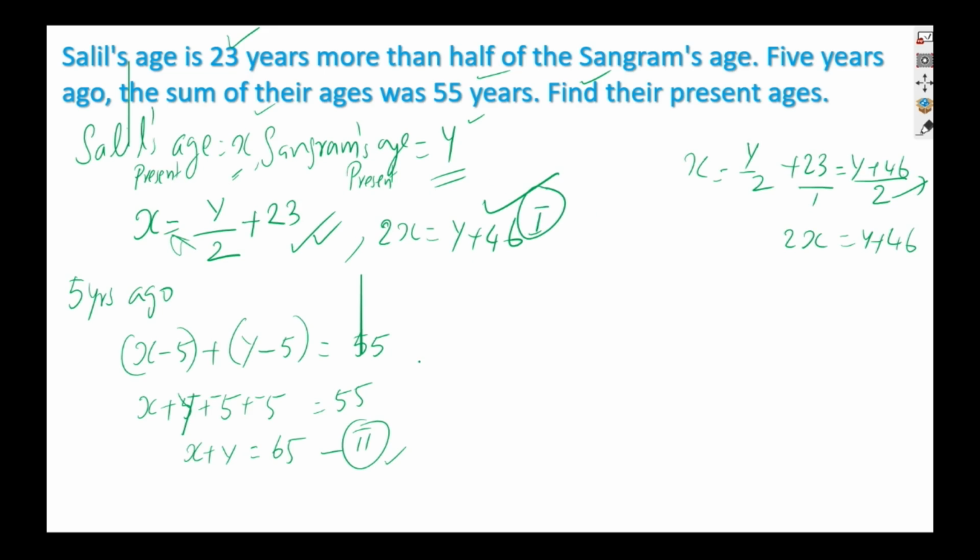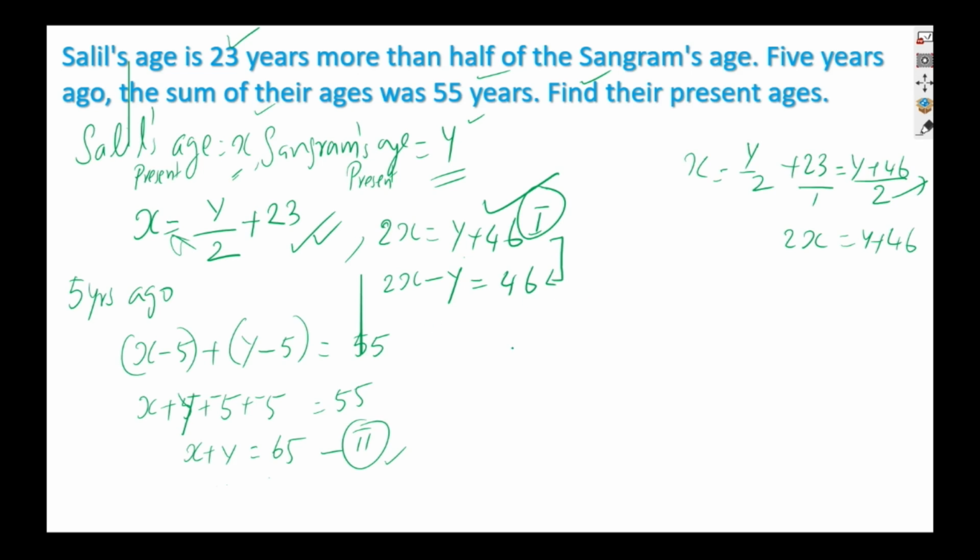So we got two equations, because we are dealing with the chapter of making equations and solving problems. Immediately when equations are formed, we can rearrange them in a way that is favorable to us. Here is an equation, x plus y is equal to 65. We can also write 2x minus y is equal to 46, rearranging the same.